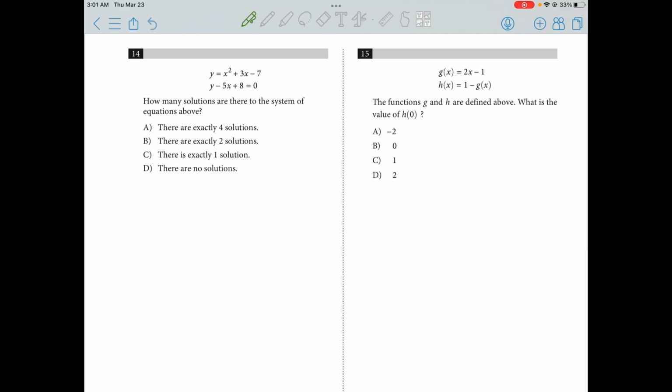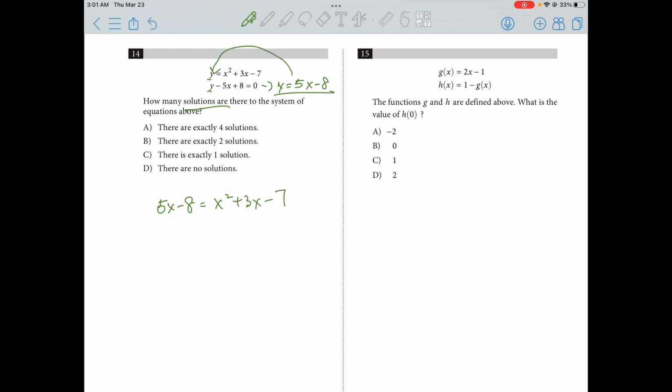Number 14 asks us how many solutions. Now we can see that we have a y in common. So we can rearrange the equation to be y equals 5x minus 8. And we plug this whole equation into this y right here. So 5x minus 8 equals x squared plus 3x minus 7.